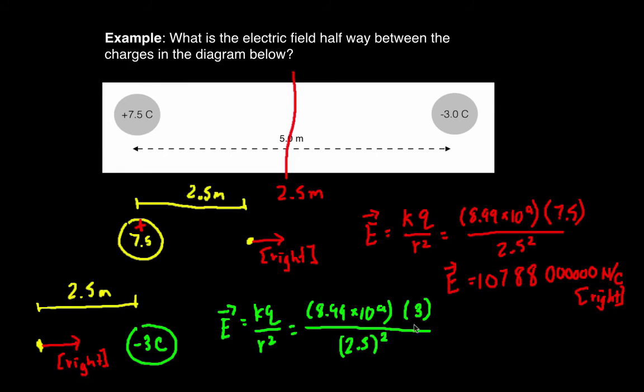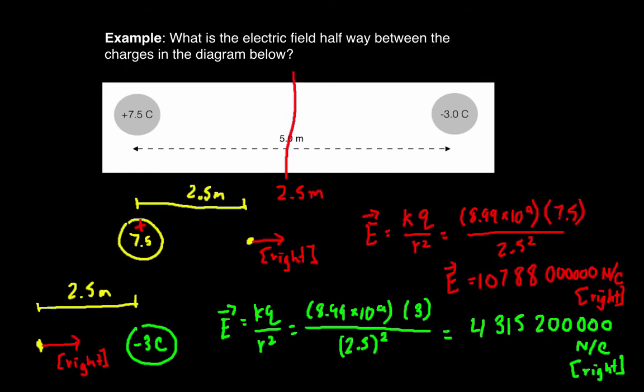You'll notice I didn't put the negative for the negative 3 in, and that's because this formula will give us the magnitude, and it's up to us to determine the direction, and I didn't want to put the negative in because then it might just end up confusing us. This gives us a magnitude of 431520000 newtons per coulomb, and so we've already determined the direction to be to the right.